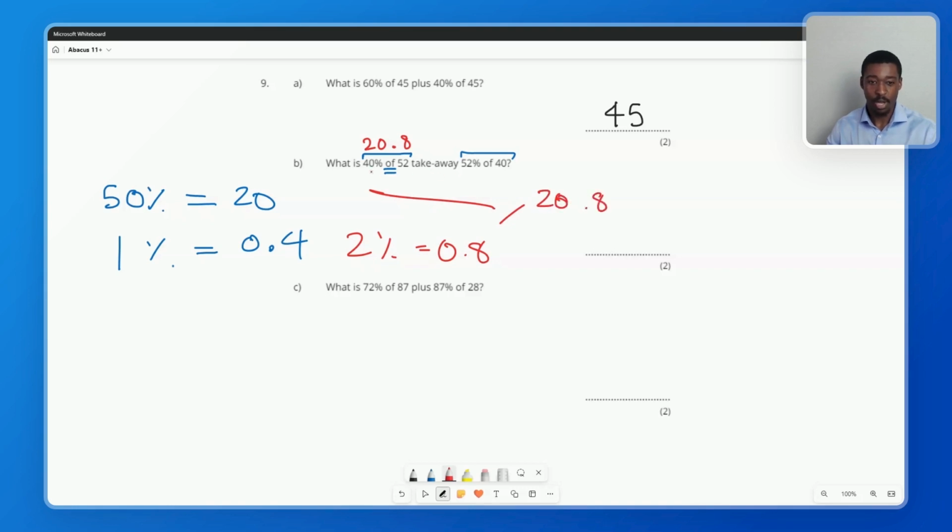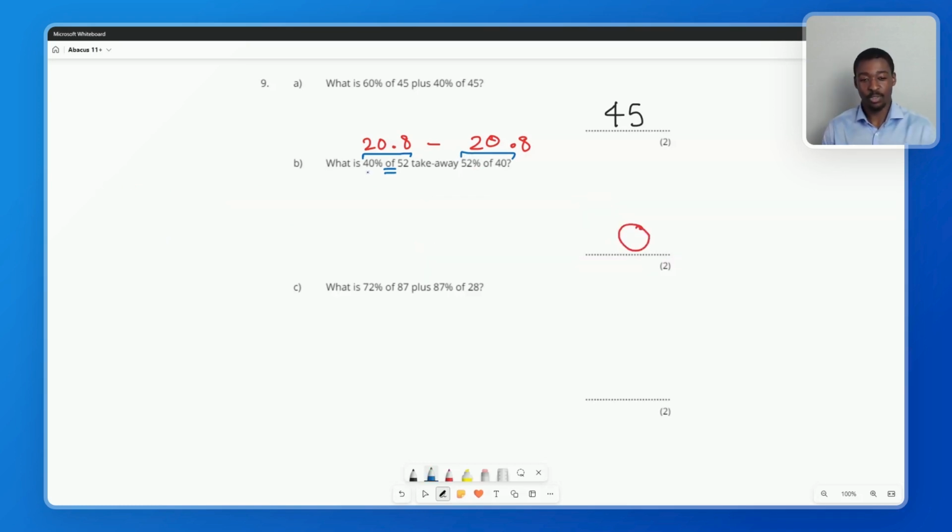So now we have 40% of 52 take away 52% of 40, which actually ends up being 20.8 minus 20.8, which equals 0. Now, you may have noticed the interesting fact that 40% of 52 is the same thing as 52% of 40. But if you go through the fractions and you turn it all into maths, it should make sense pretty soon why that is always the case.